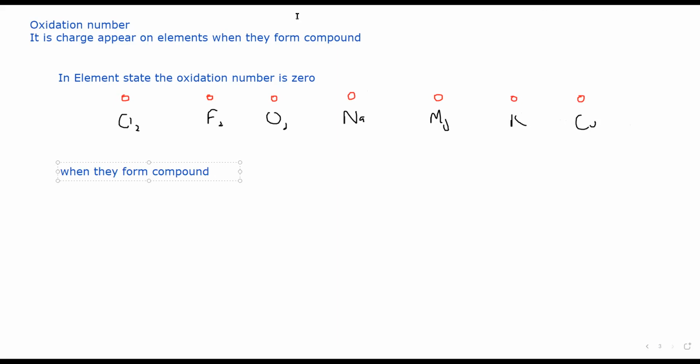the oxidation number is similar to that of valency.